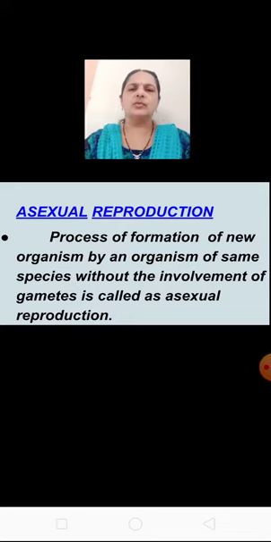That is important: without the involvement of gametes. In sexual reproduction there is involvement of gametes, male gametes and female gametes, but in asexual reproduction there is no involvement of gametes.